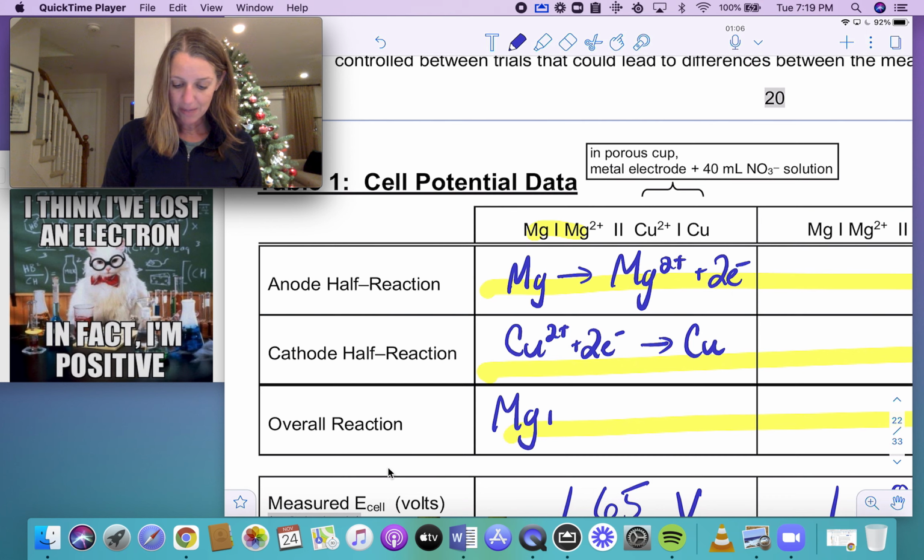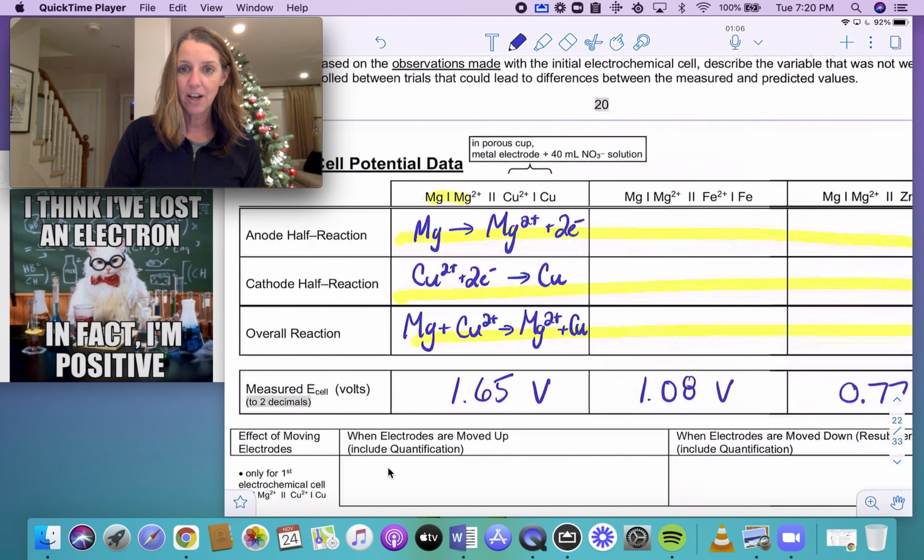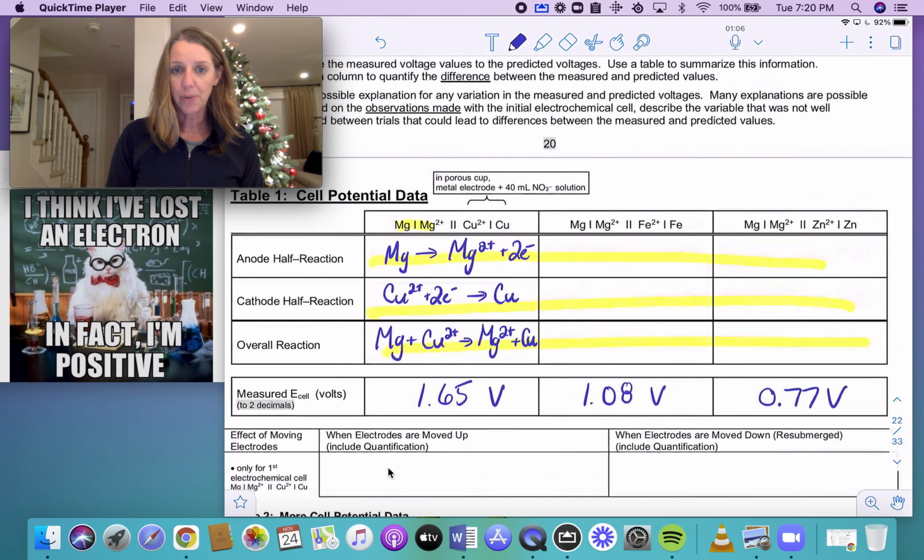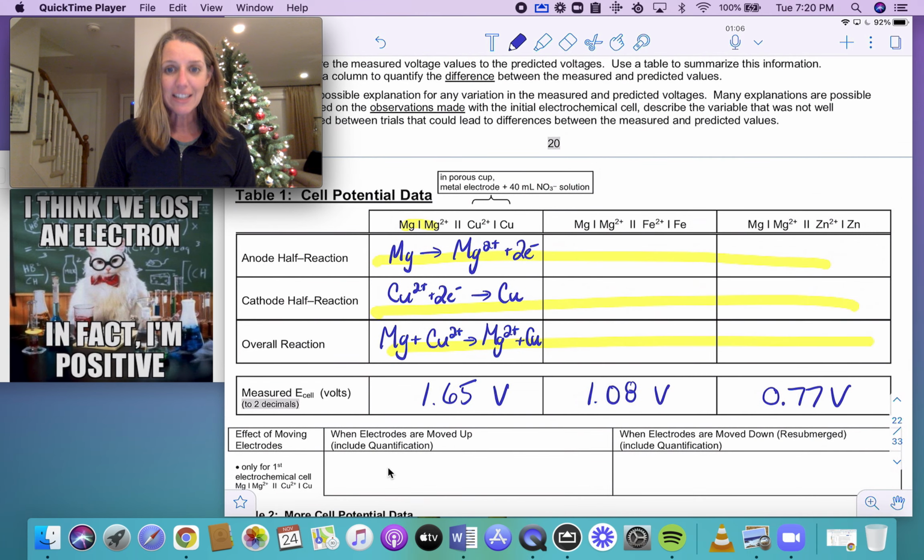It's Mg plus Cu2+ going to Mg2+ plus Cu. Okay, and that's basically all I would have gotten you to do. Show me what that looks like given the cell notation for this one, and this one. And then in the lab, we would have hooked it up, the anode and the cathode, and we would measure the voltage that you get on your voltmeter.